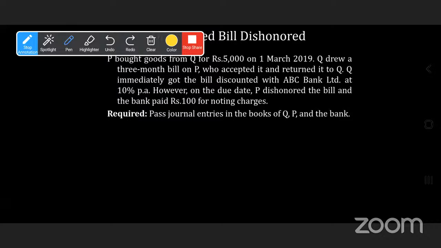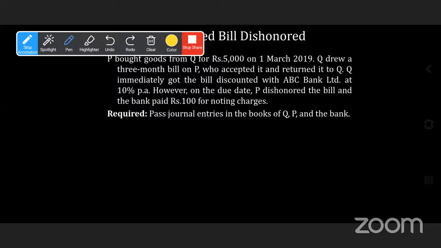In the journal of Q, P account debit to sales account.